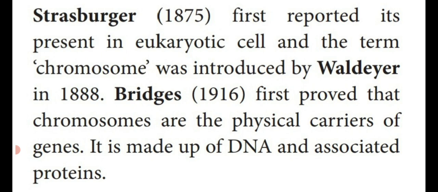Now we are going to see the special type of chromosome and its structure. This special type of chromosome is a very important 5 mark and 3 mark question. The special type chromosomes are known as polytene chromosome and lampbrush chromosome.